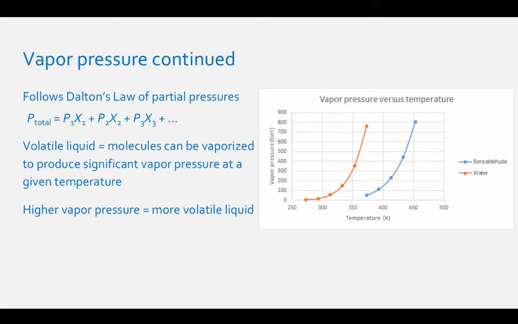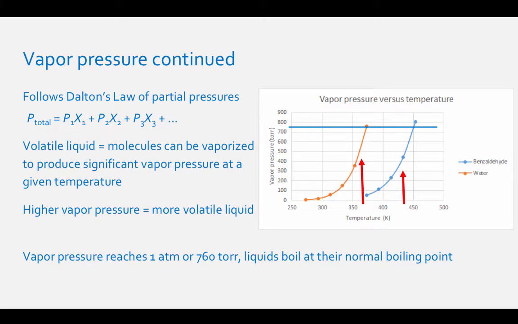As you can see from this graph, less volatile liquids need a higher temperature to exert a significant vapor pressure, such as benzaldehyde, whereas liquids that are very volatile vaporize at lower temperatures, such as water. When the temperature of the liquid is high enough, the liquid vaporizes easily because it has reached its boiling point.